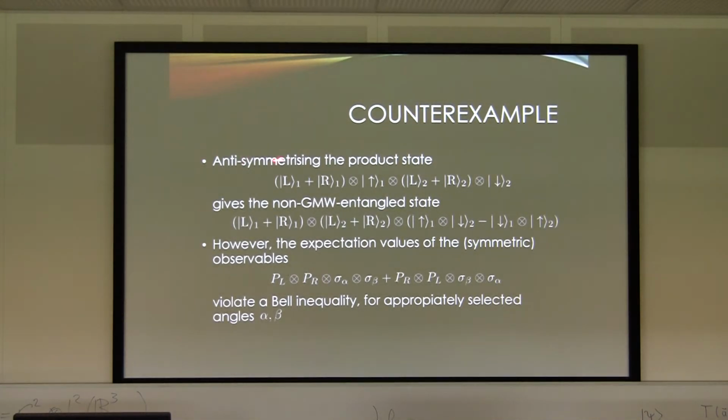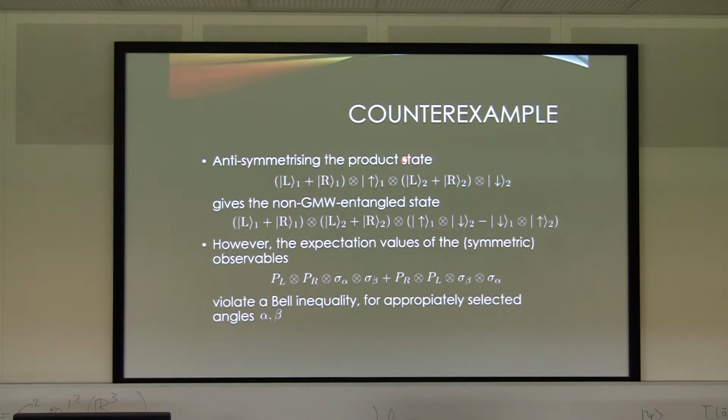Let's start with this product state: wave packet on the left, spin up; wave packet on the left, same spatial state, spin up. So this is clearly a product state.